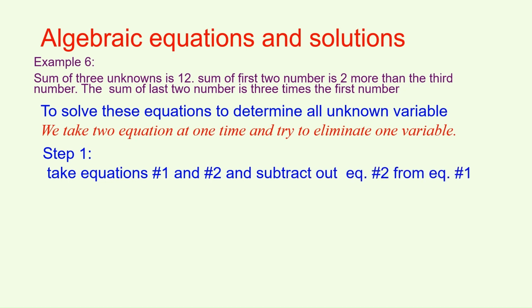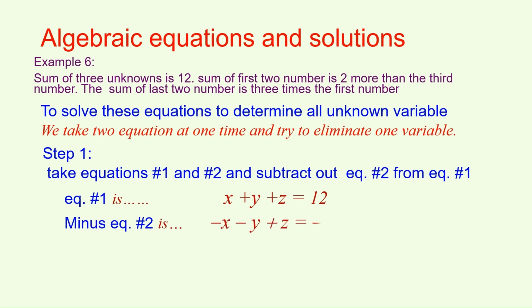Equation number 1 is x plus y plus z equals 12. Minus equation number 2 is minus x minus y plus z equals minus 2. So 2z equals 10, or z equals 5, is equation number 4.